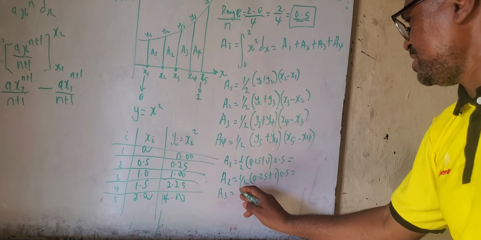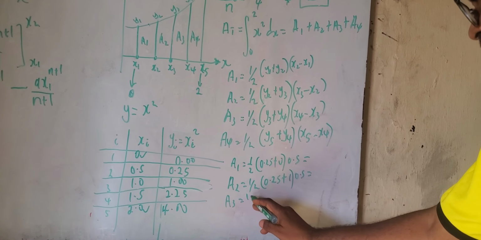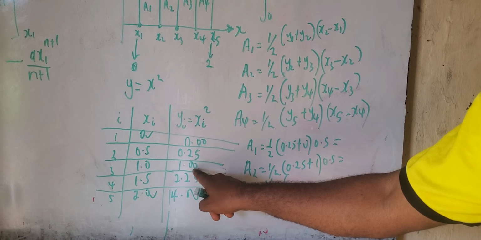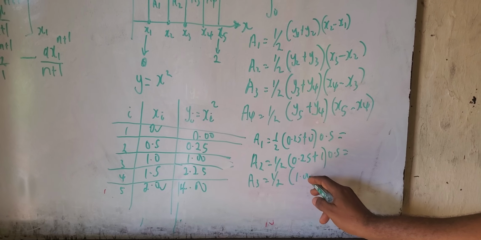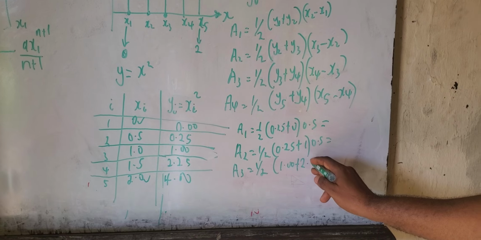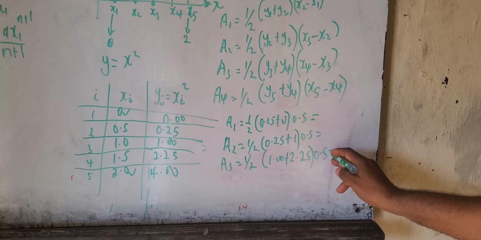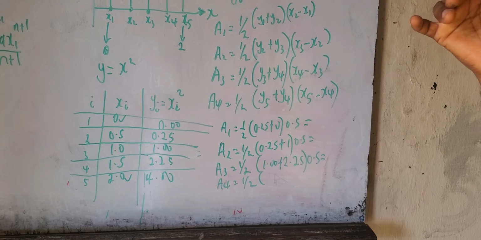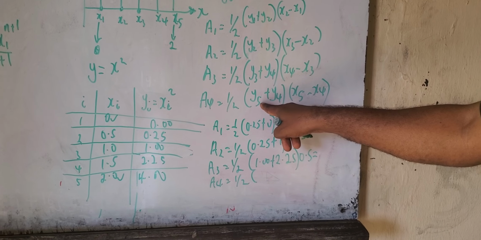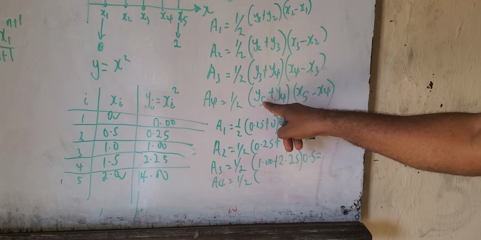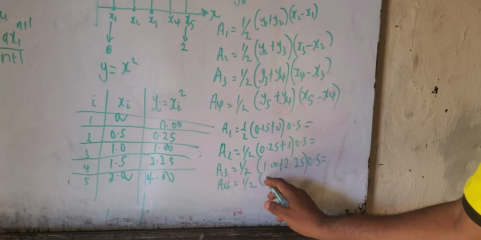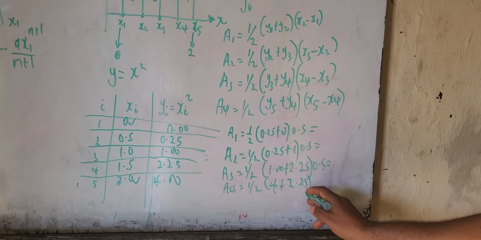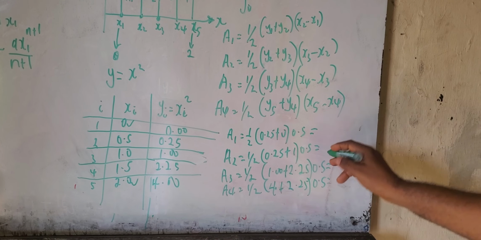For a3, it's going to be half times y3 plus y4. That is 1.00 plus y4, which is 2.25, then times 0.5. Then a4 is going to be half bracket y5, that is 4, plus y4, which is 2.25, then times 0.5.